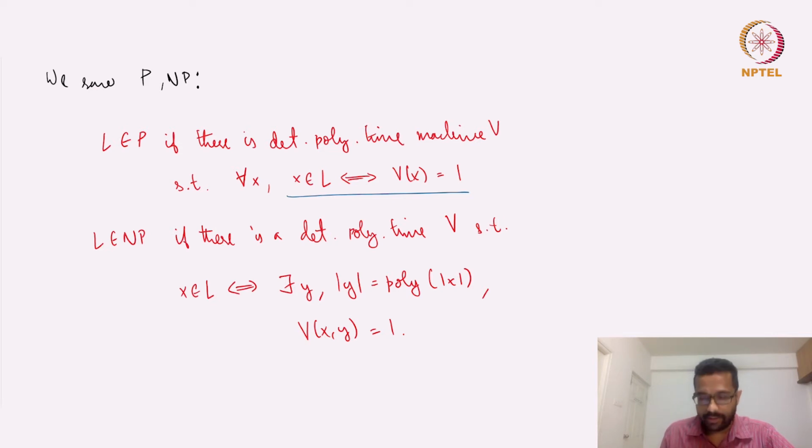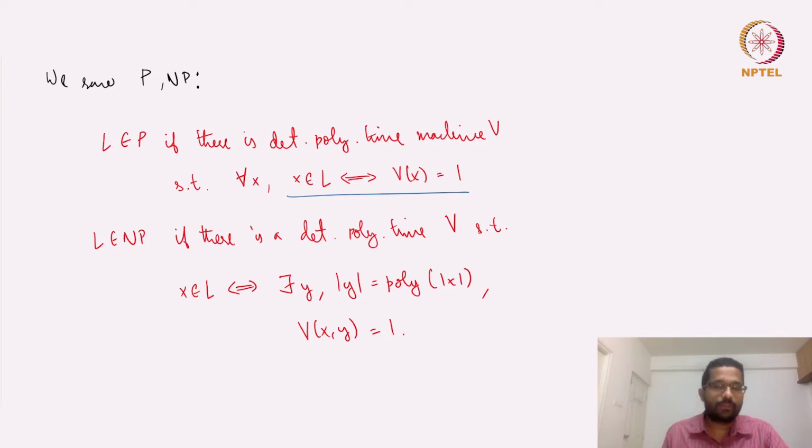There is this verifier characterization, meaning a language is in NP if and only if it has a polynomial time verifier. That means that for all x that is in the language, there should exist a certificate which can be used to verify the membership of x in the language.